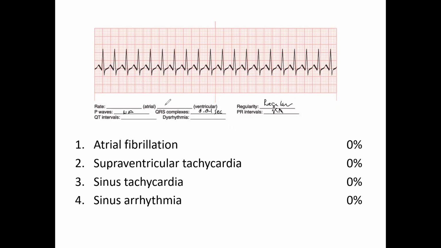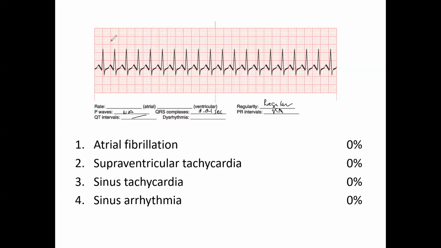Look at the QT interval, that would be the Q to the T. Not necessarily important at this particular moment, but if we count the ventricular rate, it's going to be difficult because the P's might be in there at the tail end of that T wave, but nonetheless, let's go ahead and count the ventricular rate.